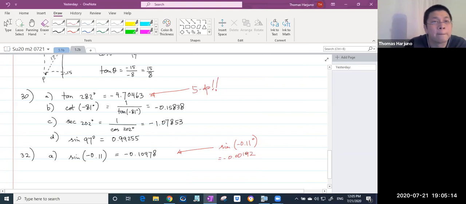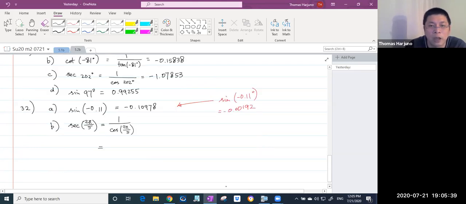Now part B. What is secant of 2 pi over 5? Secant 2 pi over 5 is equal to 1 over cosine of 2 pi over 5.